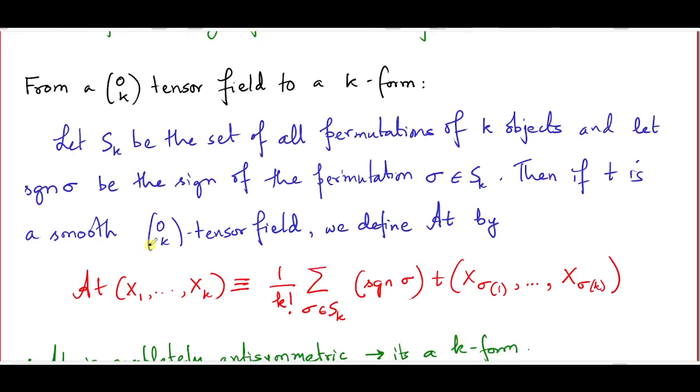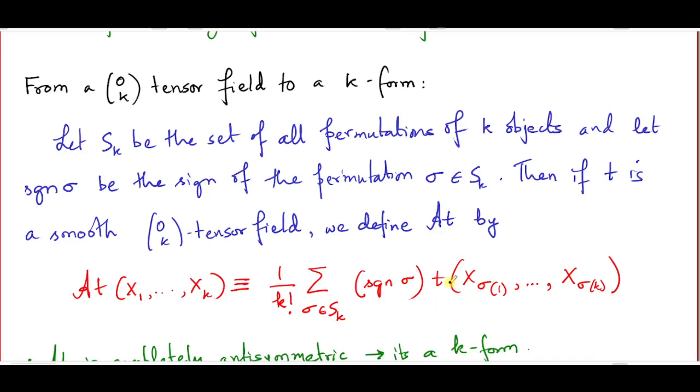Curly A on T is now a new tensor field, a (0,k) tensor field, which is formed by linearly combining tensor field T or variants of that. How do you do that? You essentially define curly A T acting on a bunch of vector fields x1 through xk in the following fashion. You have a sum over all the permutations in Sk. So you're actually going to carry out all possible permutations of k objects.